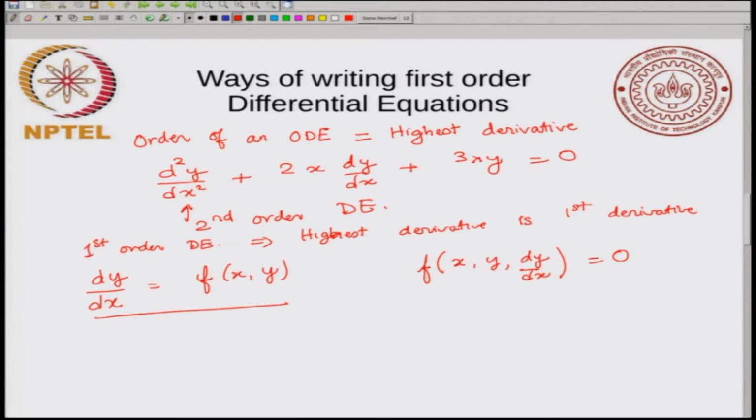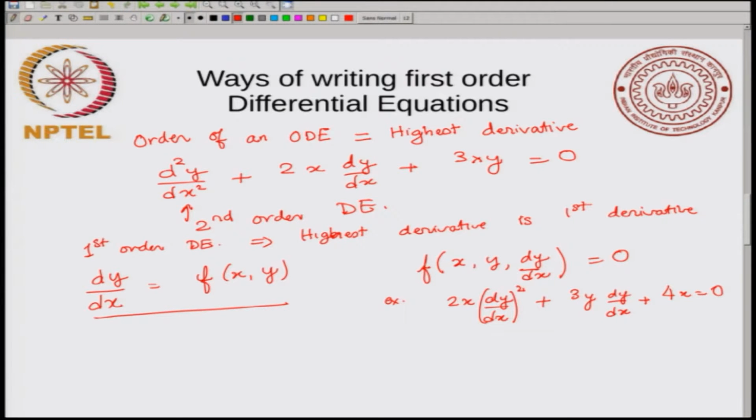An example of this would be, suppose you have 2x (dy by dx) whole square plus 3y dy by dx plus 4x equal to 0. So, this is some function of x, y and y prime, and that is equal to 0, and notice that even though you are squaring this derivative, the highest derivative that appears is the first. So, it is actually a first order differential equation, okay. And so you can have it in this form also.